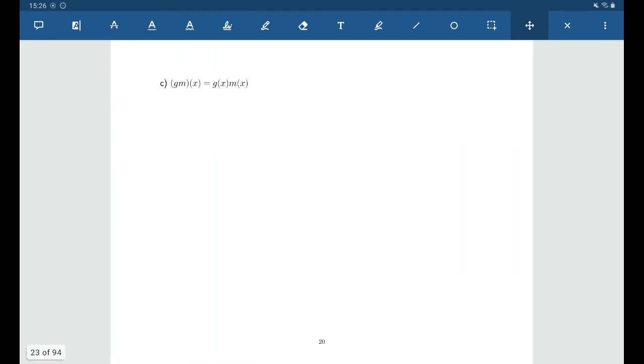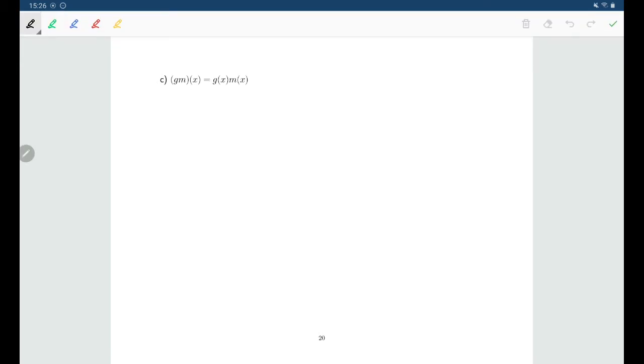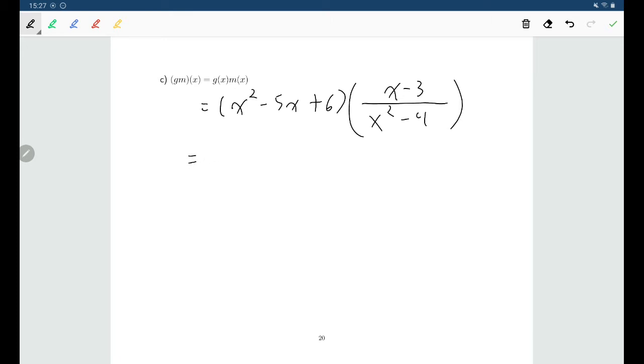Okay, let's look at this next one, g times m, or g of x times m of x. And g of x, that was x squared minus 5x plus 6. And m of x, that was x minus 3 over x squared minus 4. And if I just clean things up a little bit, g of x factors really nicely: x minus 2, x minus 3.